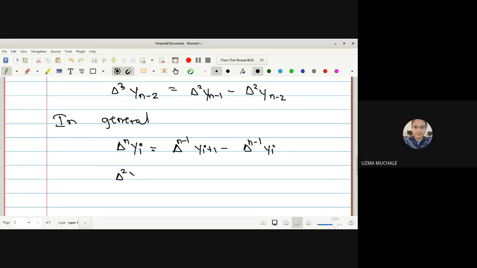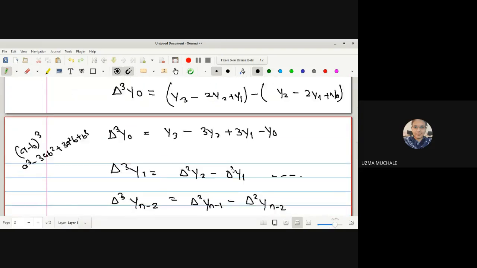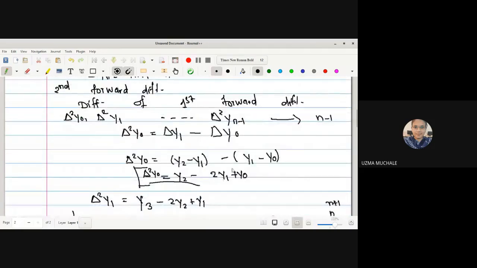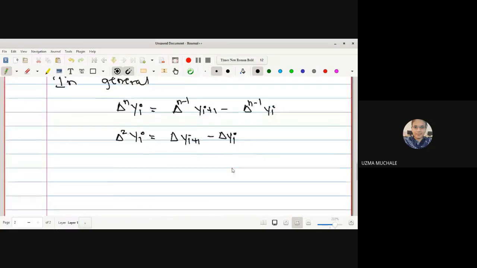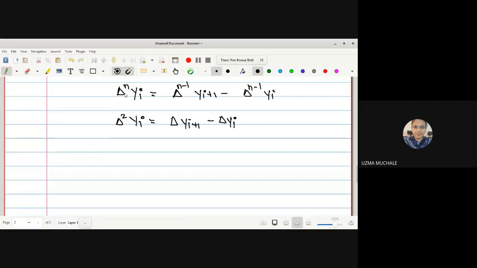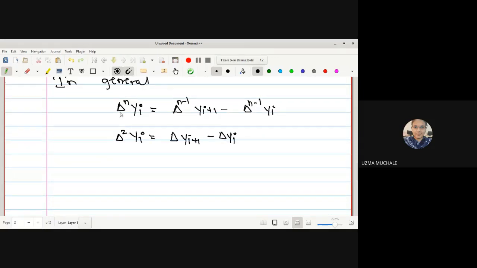For n equal to 2, delta square yi is equal to delta yi plus 1 minus delta yi, that we have written just now. For example, delta square y naught is delta y1 minus delta y naught. So here also it is delta yi plus 1 minus delta yi. So here we have written the nth order forward difference formula.